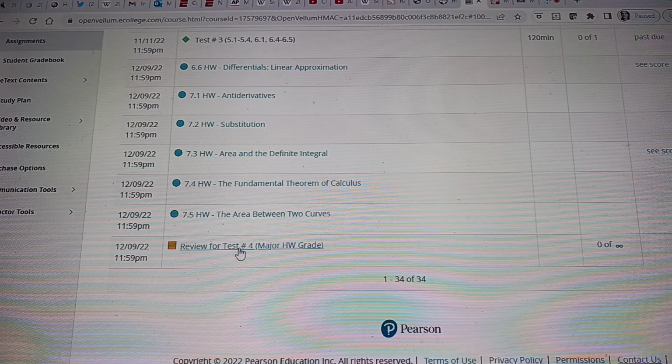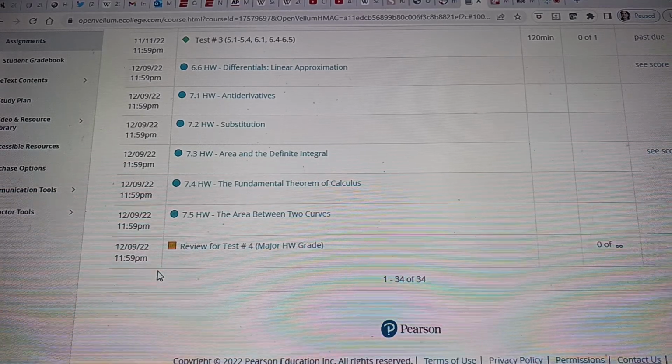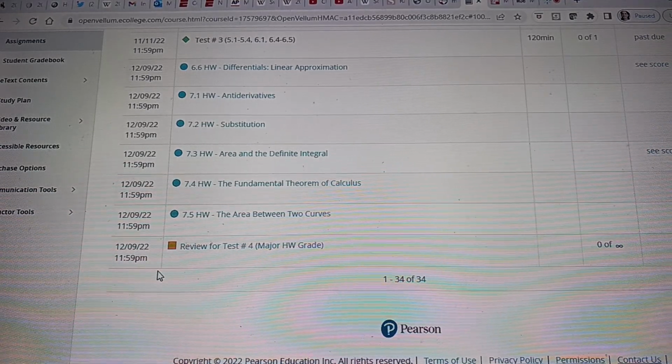And then there's a review for test 4, the last regular review. That's due on December 9th. All these are due December 9th. That extra related rates homework assignment, that's due December 9th as well. And at that point of the semester, we'll have 1 week remaining to take the final exam. So we'll have a week of reviewing and taking the final.